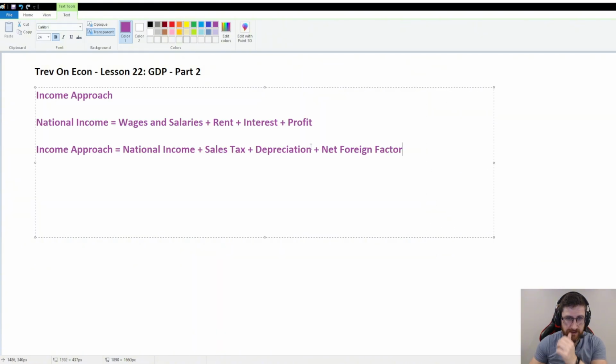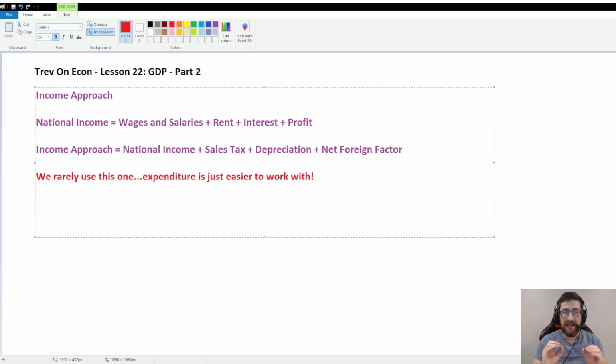So you start to see, oh, there's depreciation. We kind of saw that in expenditure. Net foreign factor, that's probably playing with the exports and imports. Even sales tax, that's probably one of the government's main sources of income. So you start to see it play out. Again, though, we rarely use this one. Expenditure is just easier to work with.